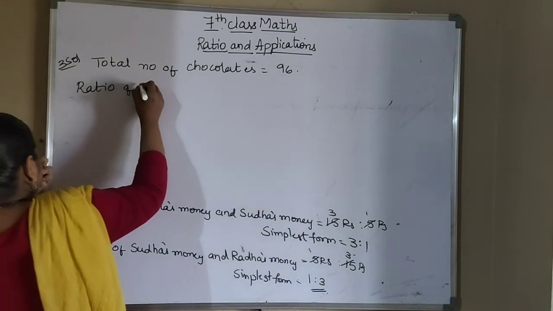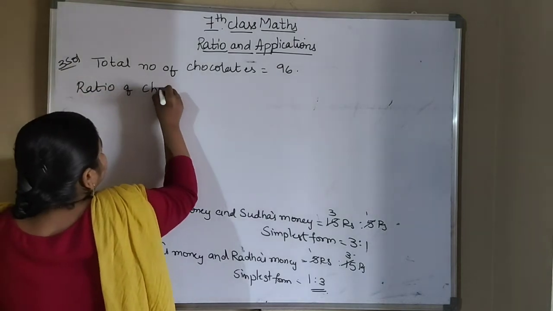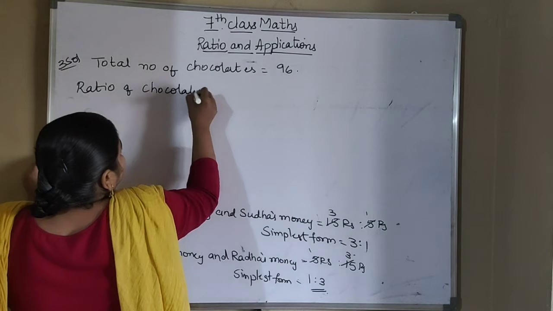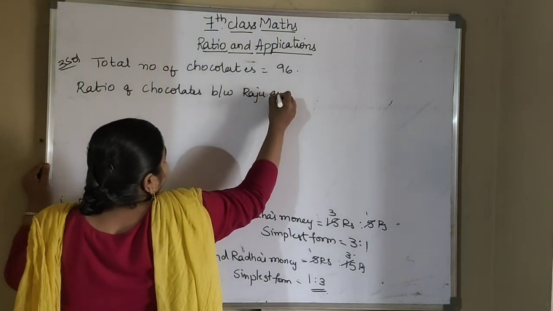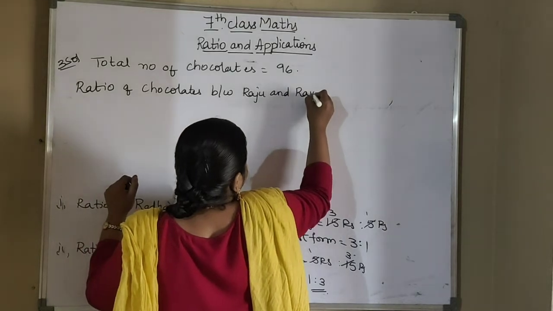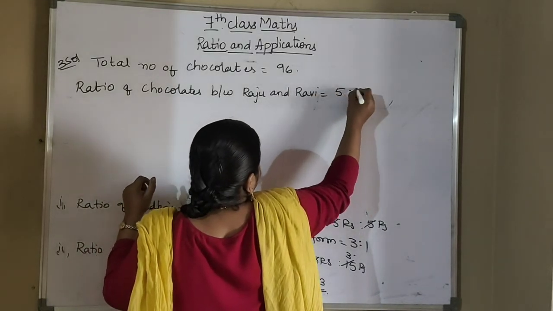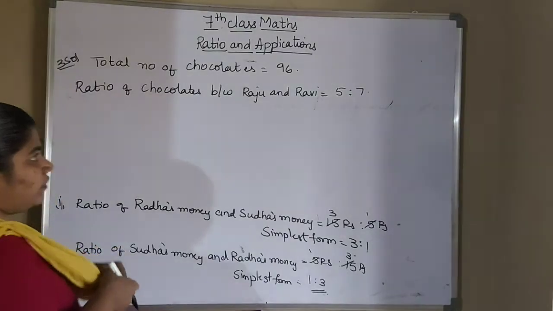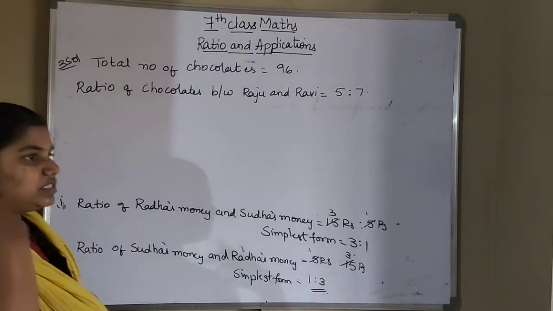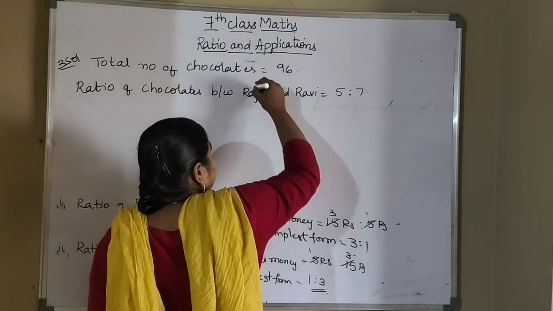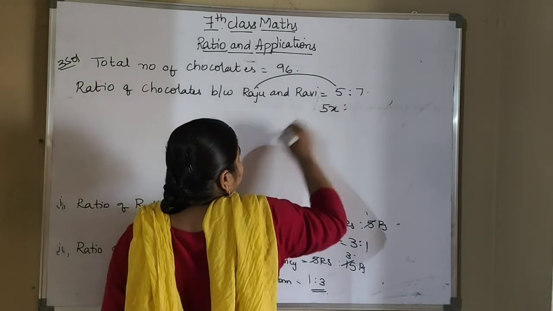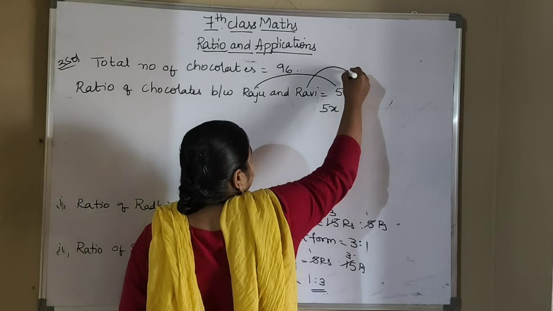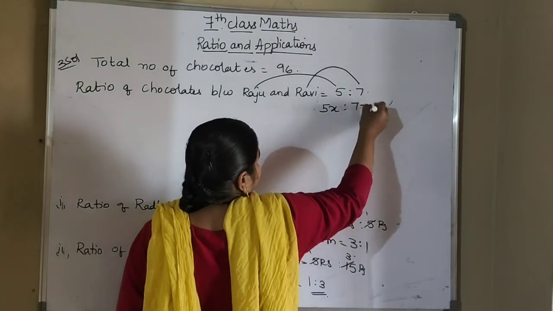The ratio of chocolates between Raju and Ravi is how much? 5:7. So Raju is having 5 ratio and Ravi is having 7 ratio. So the result of Raju's chocolates will be in the form of 5 multiples and the result of Ravi's chocolates will be in the form of 7 multiples.